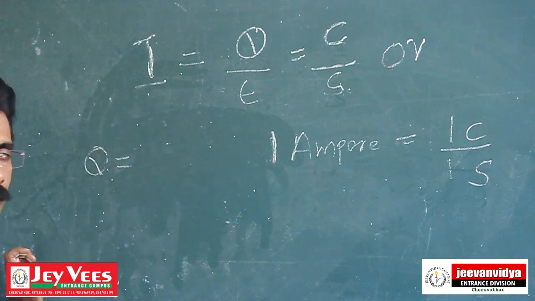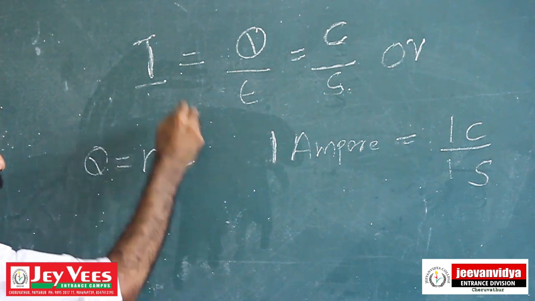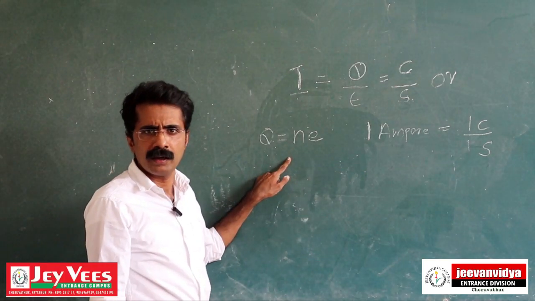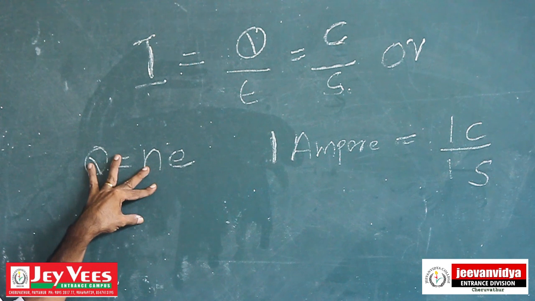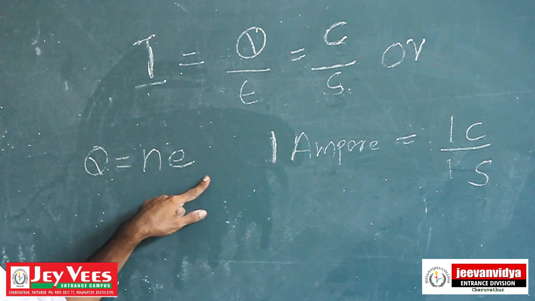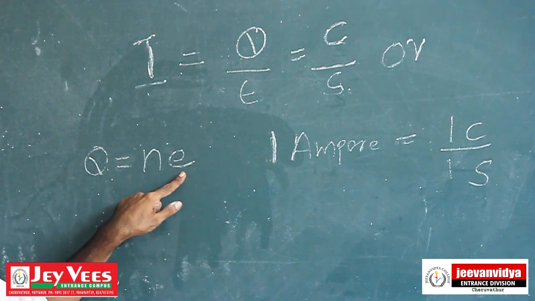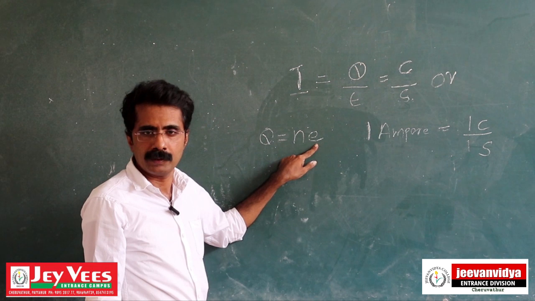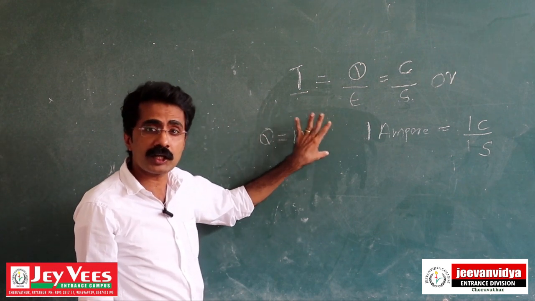Then Q is the charge. Another formula: Q is equal to N E. What is N? N is the number of electrons. E is the charge on an electron. N എന്ന് പറഞ്ഞാൽ number of electrons ആണ്. E എന്ന് പറഞ്ഞാൽ electron charge.